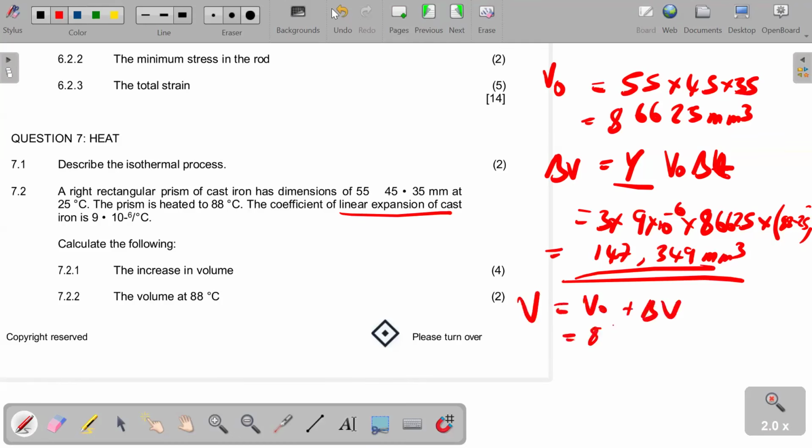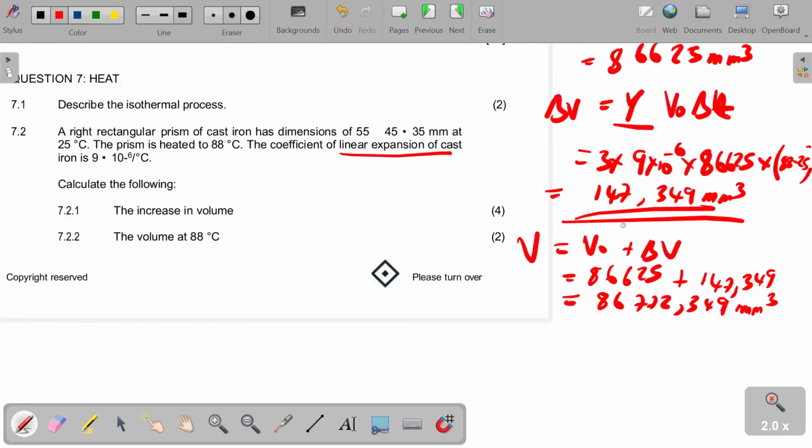So we simply say 86,625 plus 147.349, and that in turn gives us 86,772.349 cubic millimeters. That marks our volume at 88 degrees Celsius.